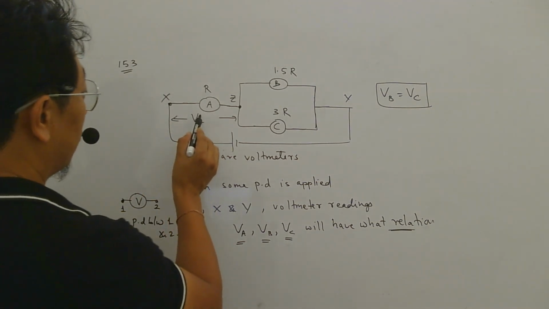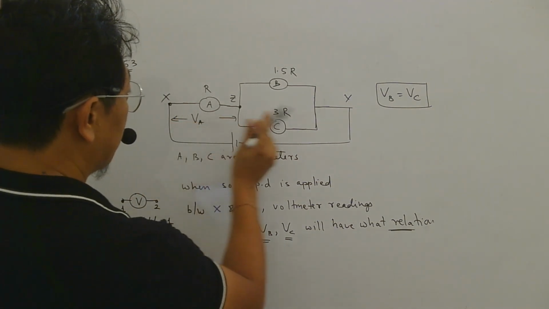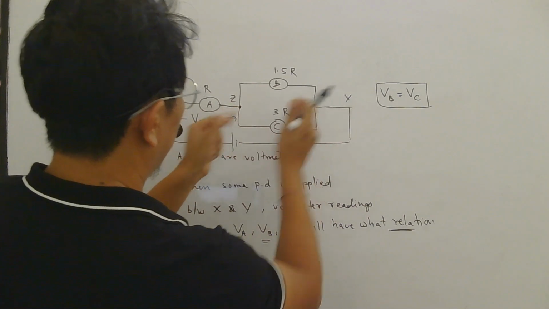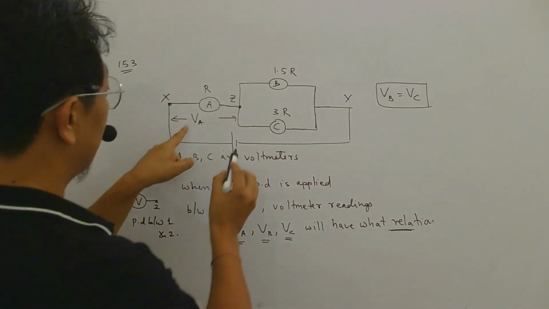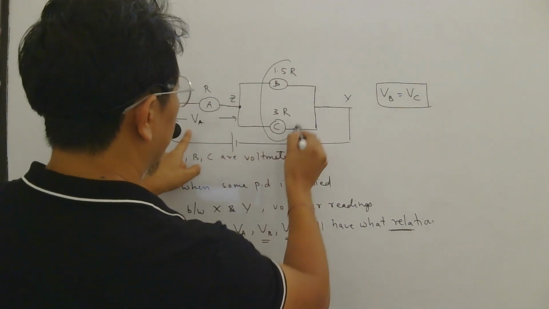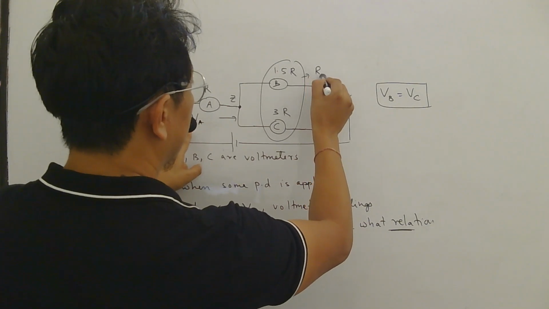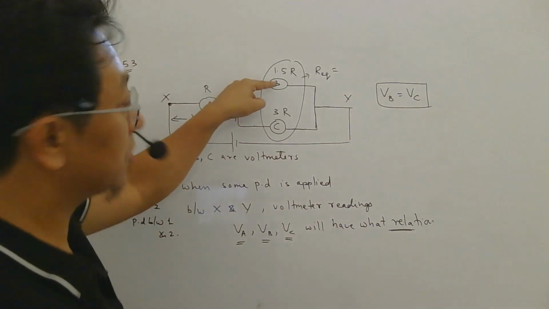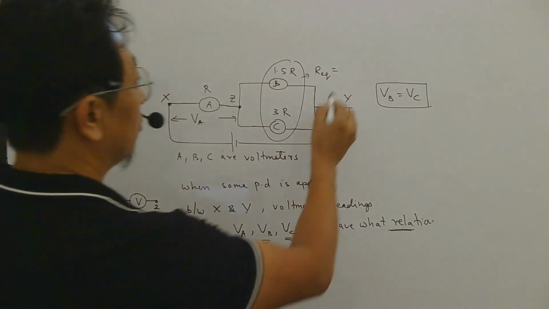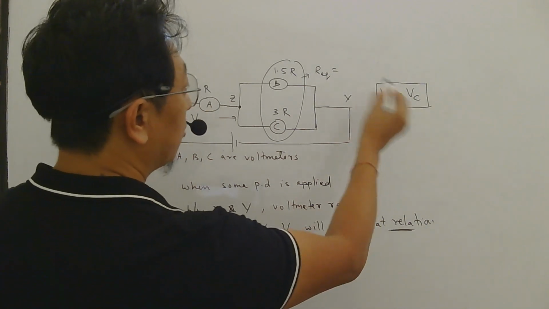Now what about the voltage between these two points and between these two points? Well, for that, let us replace these two by an equivalent resistance, because you can see these two are in parallel. So the equivalent will be R1 R2 by R1 plus R2.